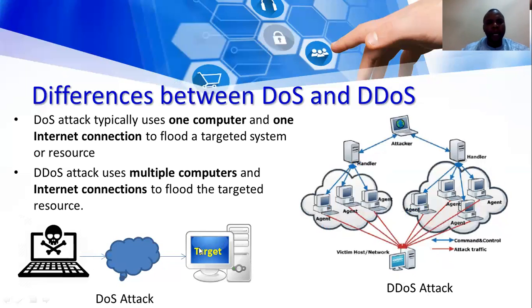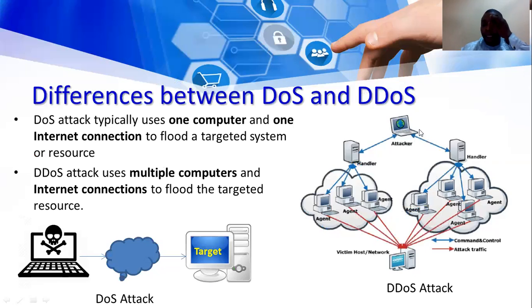The DoS attack typically uses one computer and one internet connection to flood a targeted system or resource. So that is a DoS attack. The DDoS attack uses multiple computers. Look at the diagram at the right-hand side, where you can see that a lot of computers are involved.